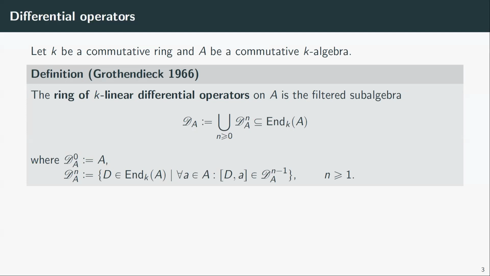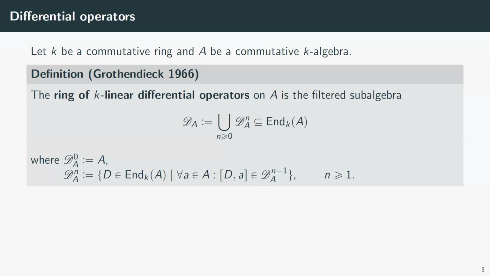In order 0, we have the multiplication by elements of A, which is identified with A. And then for the higher orders, we define them recursively: a differential operator of order n is such that its commutator with the multiplication operators lies in the differential operators of order n minus 1. So it is a strange definition.